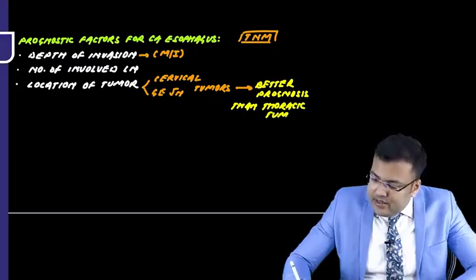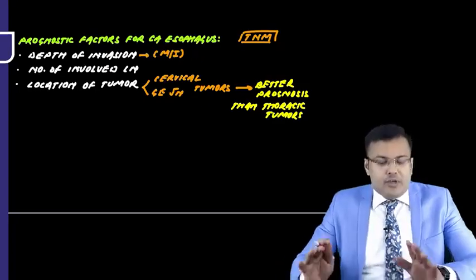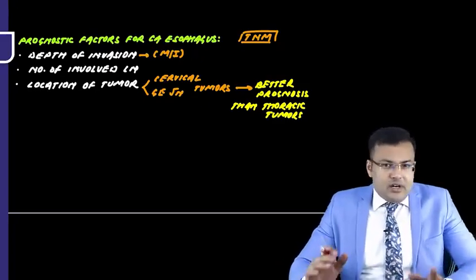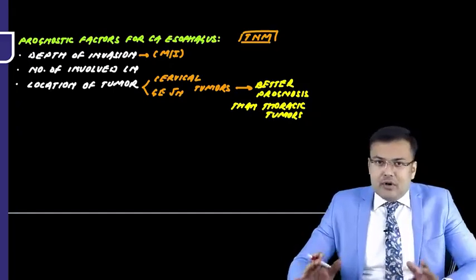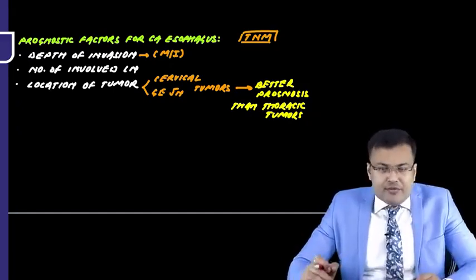Clear? So you can see the importance of location. But the most important is depth of invasion. Other important prognostic factors are number of involved lymph nodes and location of tumor.